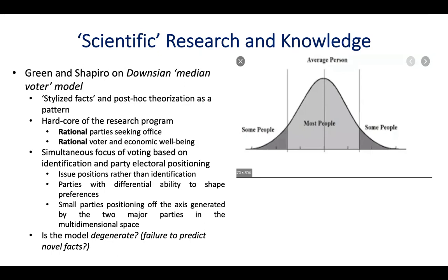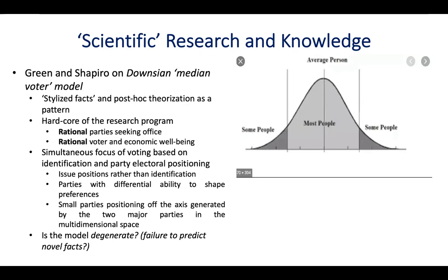You see these kinds of facts, and then you start theorizing them as a pattern, a pattern of voting. So perhaps if you apply Lakatos's notion of a research program to this median voter model, perhaps the hard core here is rationality again, rationality of both.